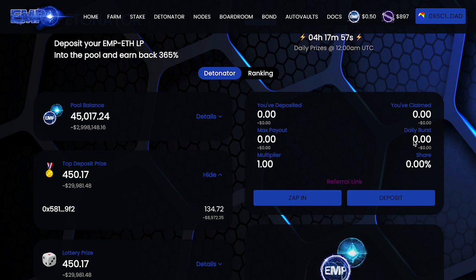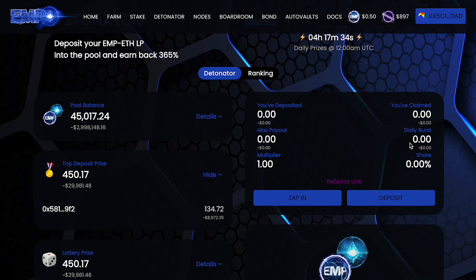And now daily burst. This is another area where people get a little confused and maybe hung up. Daily burst is a representation of the minimum amount that you should be receiving in LP and or dollars every day, based on your share of the pool, which is the percentage shown below. Now, this number can go down as well as go up.